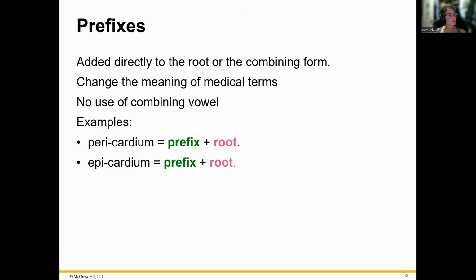So now we go on to prefixes. Prefixes start on page 12 of your book. Prefixes always come at the beginning, and you may not have a prefix in your words. There's several different prefixes. You can see them in your textbook.